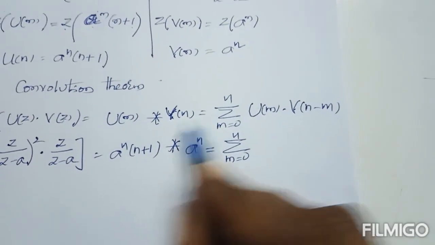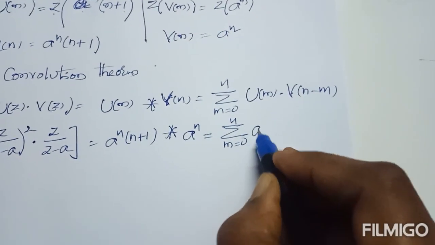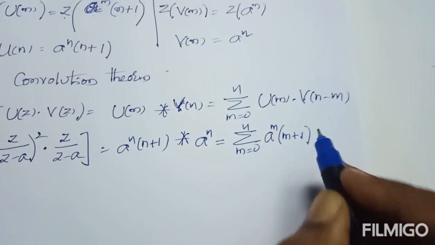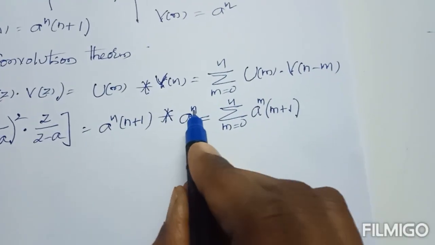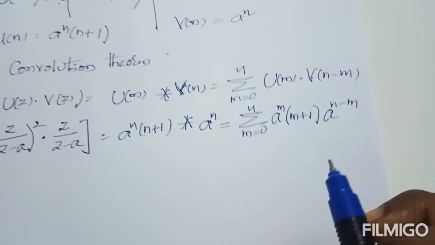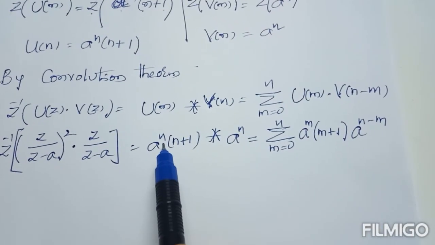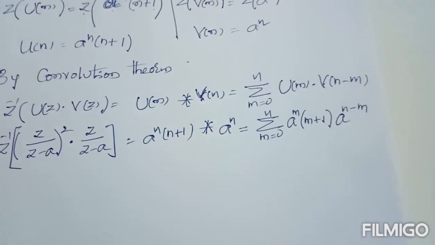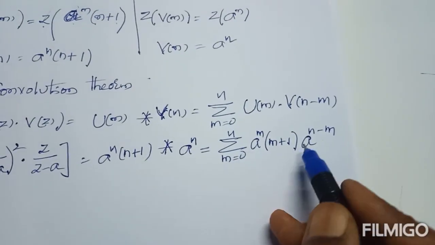In the first sequence, n place is m, a power m into m plus 1. In the second sequence, n place is a to the power of n minus m. Look at the board. In the first, n place is m only. In the second sequence, n place is n minus m. Now the simplification of this.